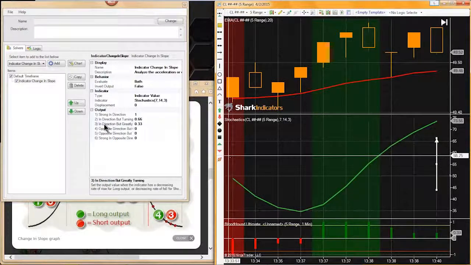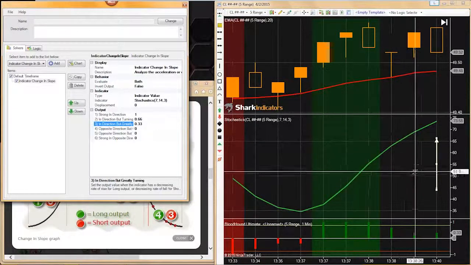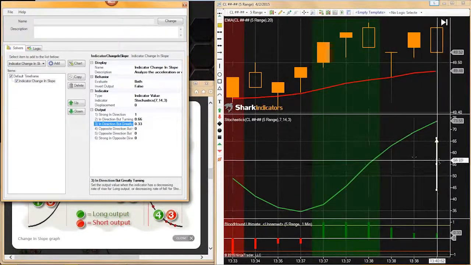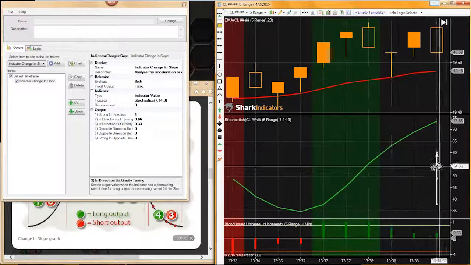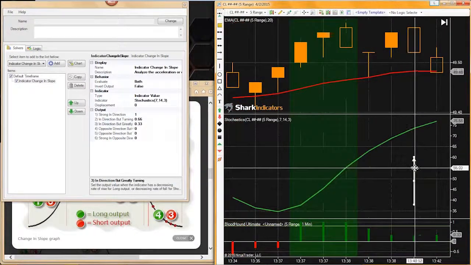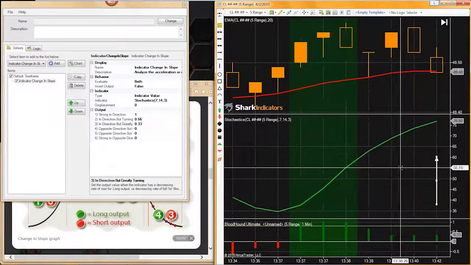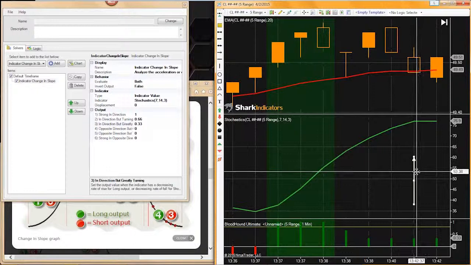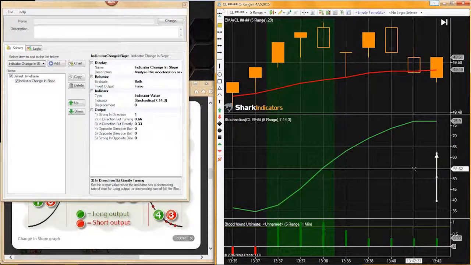So once again, output number 3 is any bars after the first bar where the slope begins to flatten out. Let's step forward again. Yep, there's a fourth bar where the stochastic is flattening out, and a fifth bar right there.